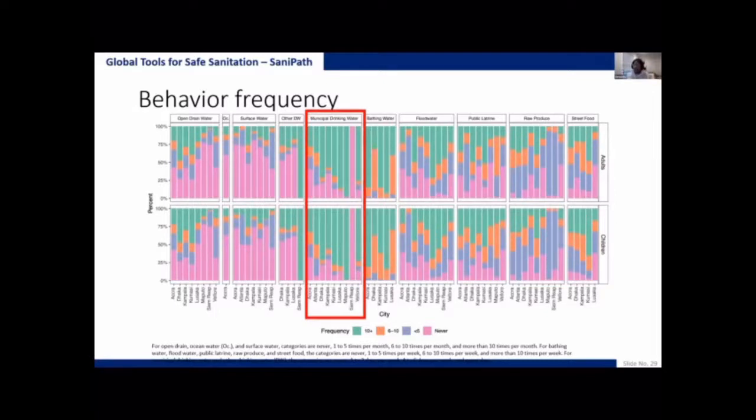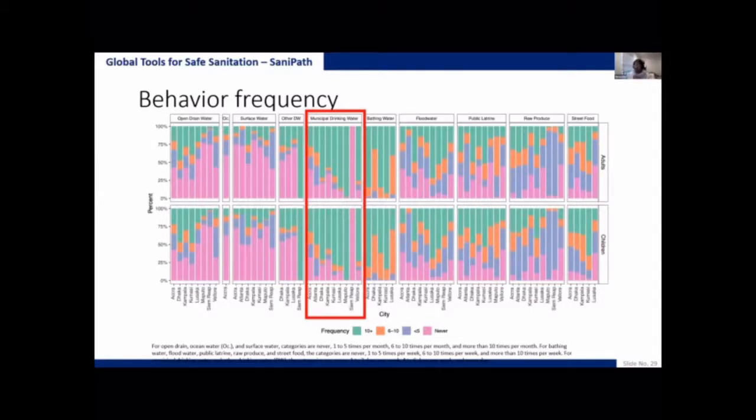Secondly, the majority of the population frequently consumed municipal drinking water, as you can see by the high number of green bars, which shows a frequency of over 10 times within a week.